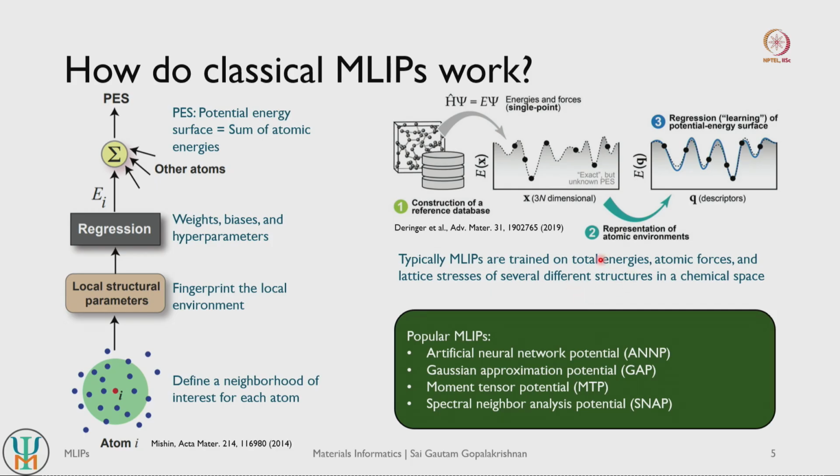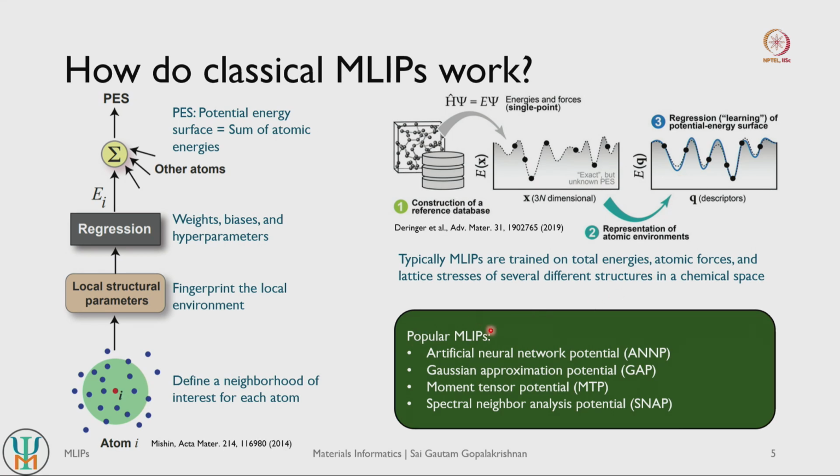The structures can have different compositions, different configurations, different defects, and they can also have different geometries. So you can take the same composition and put it through a cubic geometry, an orthorhombic geometry, a triclinic geometry and so on. So you try to generate as diverse a data set as possible that is relevant for your system, and then you try to train your model to capture the potential energy surface.